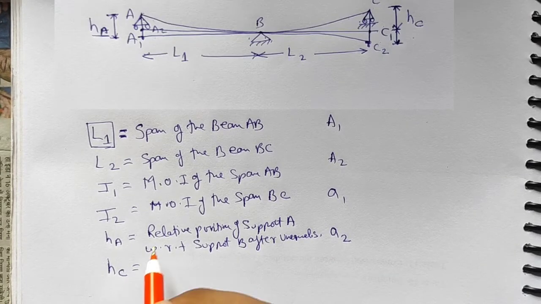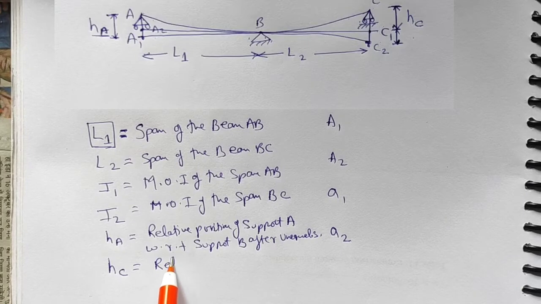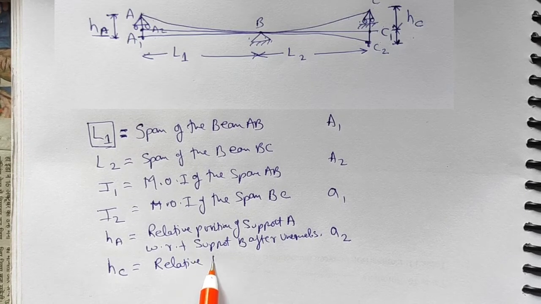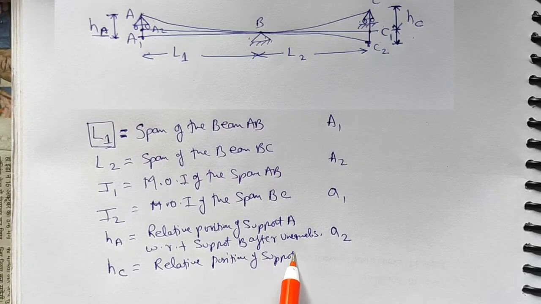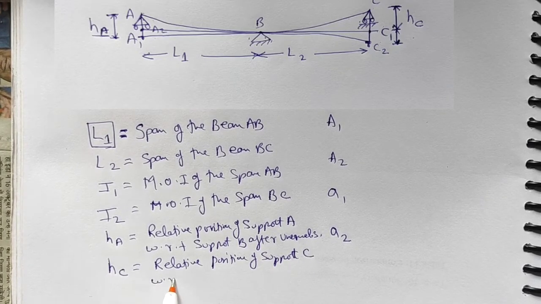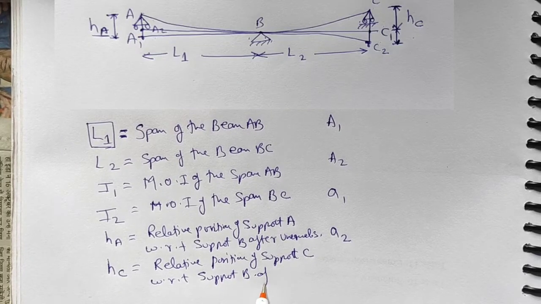Similarly, HC is the relative position of support C with respect to support B after unequal settlement.